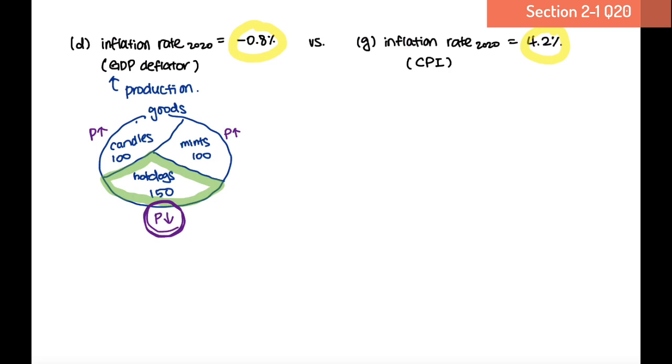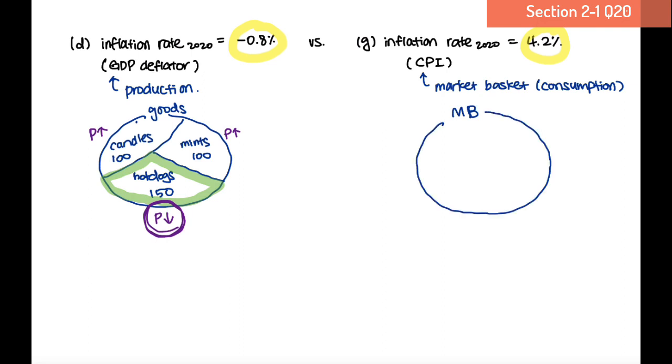On the other hand, the CPI uses market basket, or in other words, how many goods and services do consumers typically consume. So if we look at the market basket, we are consuming a total of 30 units of different goods, and we are consuming 10 candles, 14 mints, and 6 hot dogs. So compared to our representation of hot dogs by 43% in our GDP deflator, in the market basket, hot dogs only take up 20% of the goods that we consume.